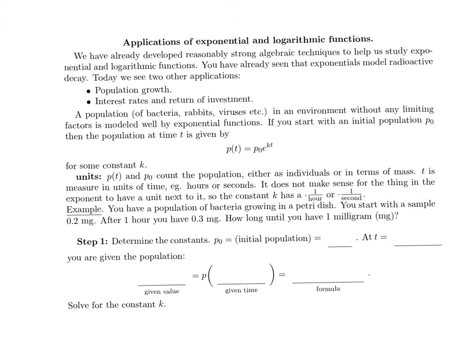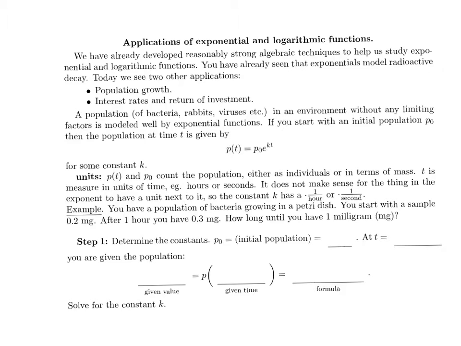If you start with some initial population P0, then the population at time t will be given by the initial population times some exponential function, some function of the form e to the kt, where k is some constant. So let's talk about units. P of t is the amount of population, and depending on what you're talking about, different sorts of units might be appropriate.